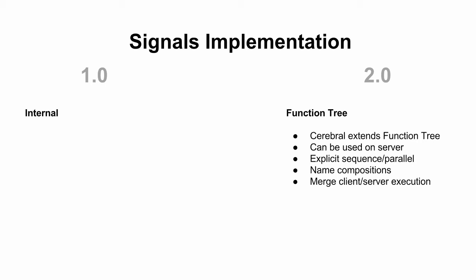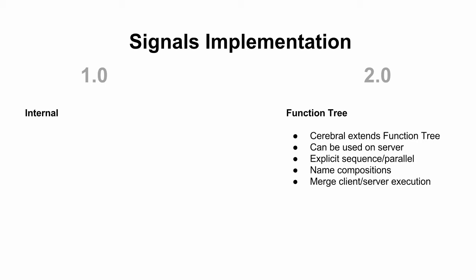And we actually call it function tree, because signals are really just calling a function, but instead of running a single function, it runs a tree of functions. So Cerebral 2 actually extends function tree. It's kind of like a wrapper around function tree, where it adds the concept of modules and something we call providers and stuff.